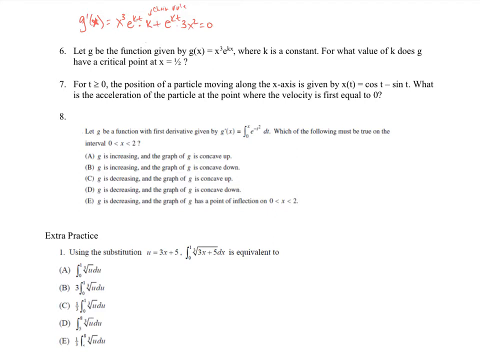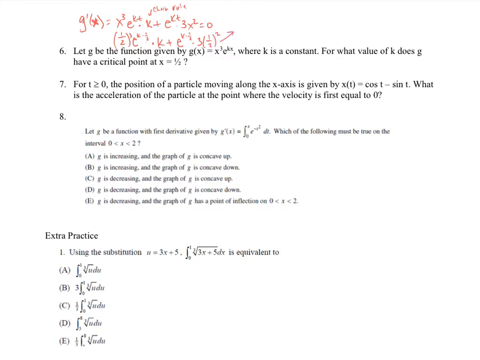So we're going to say 1/2 to the third power, e to the k times 1/2, times k, plus e to the k times 1/2, times 3 times 1/2 squared.